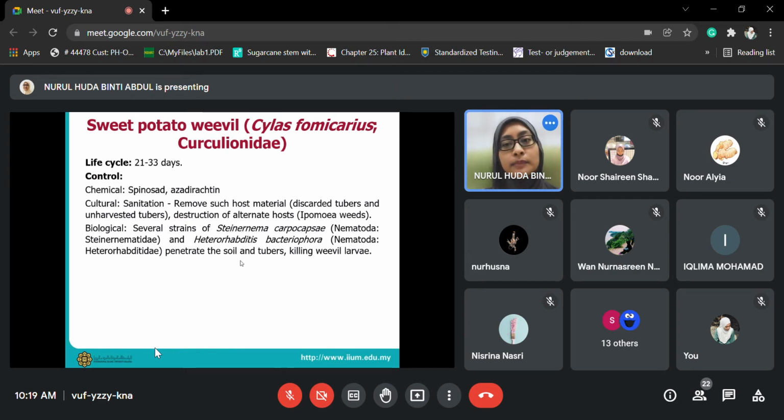So there are a few strains like here, Steinernema carpocapsae ni, okay, and then can be used to attack this sweet potato weevil, especially the one yang in form of larvae or pupae yang ada dalam tuber and then inside the soil. Okay, so that's how the biological control work lah.